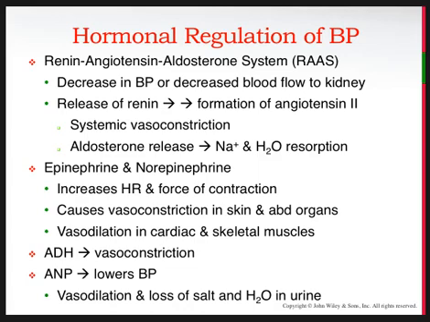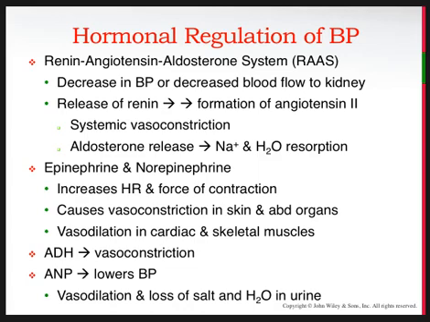So when we talk about the hormonal regulations of blood pressure, we have four. Our first three bullet points are going to increase blood pressure. We have the RAS system. That's going to increase blood pressure through systemic vasoconstriction, and then aldosterone release is going to increase blood volume by retaining sodium and water.